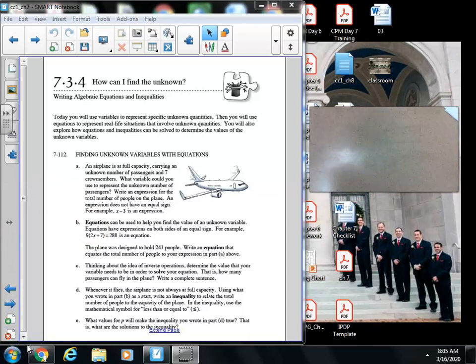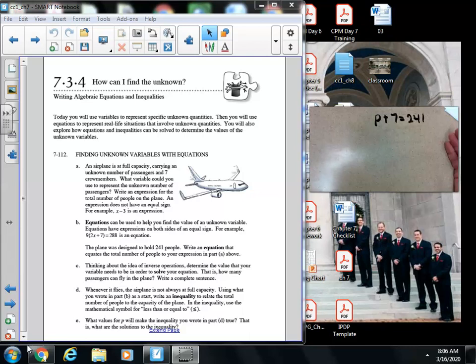Question C, it says, thinking about the idea of inverse operations, determine the value that your variable needs to be in order to solve your equation. That is, how many passengers can fly in the plane. So where we left off, we had that the number of passengers plus 7 crew members was equal to 241. So remember that the inverse was undoing something, or a lot of us said that it was like the opposite. So if we want to get rid of this 7 over here, the inverse or undoing would be subtracting 7. And remember, anything that we do to one side of something, we do to the other.